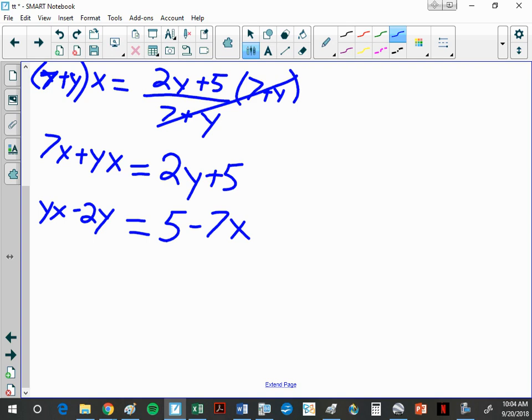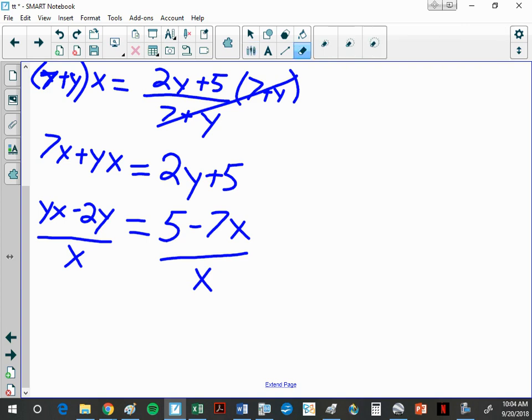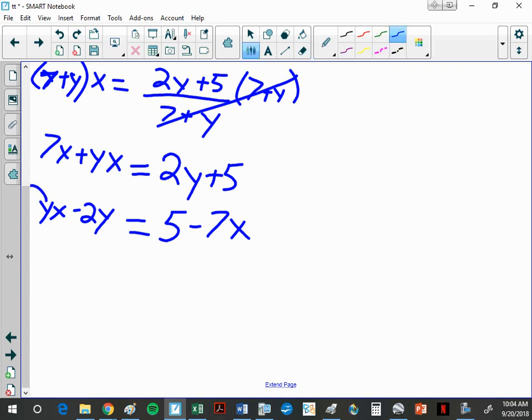Well, if I divide by x, I actually have to divide everything by x. And that doesn't get us anywhere. The same thing happens when I try to divide by negative 2. So here's what you do. You factor out a y. And I get y times x minus 2 is equal to 5 minus 7x.